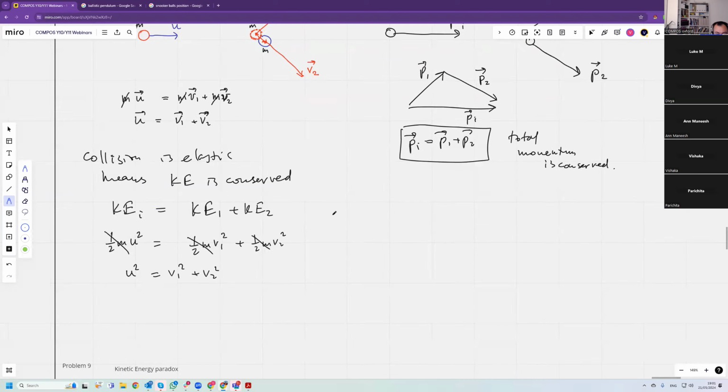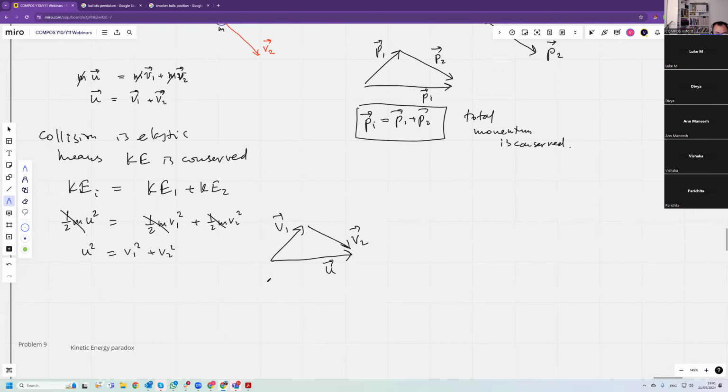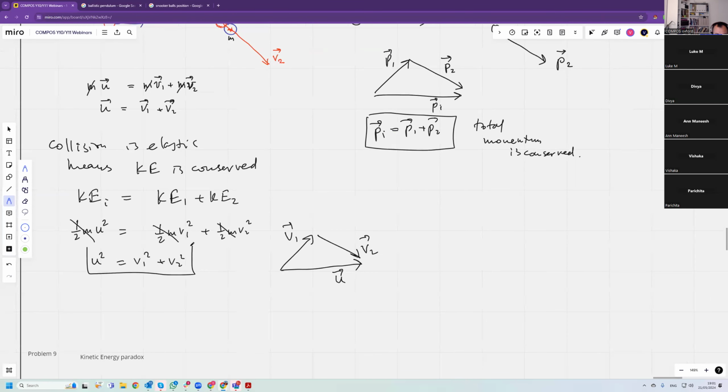Interesting. So if we take u, and this is v1, and this is v2, and we've just been told that u squared is v1 squared plus v2 squared. What kind of triangle is that?